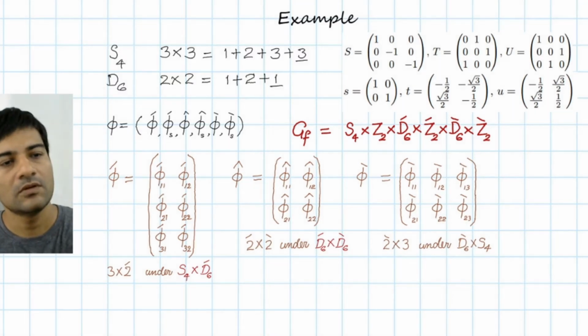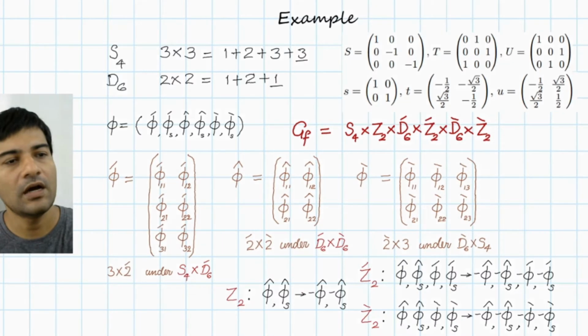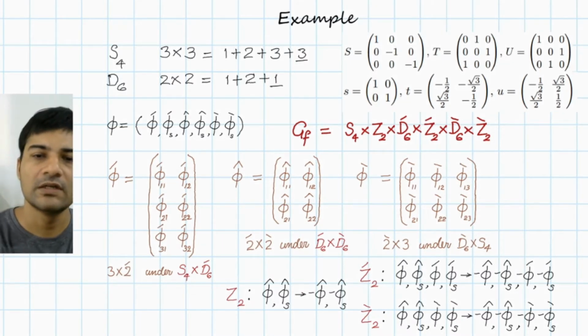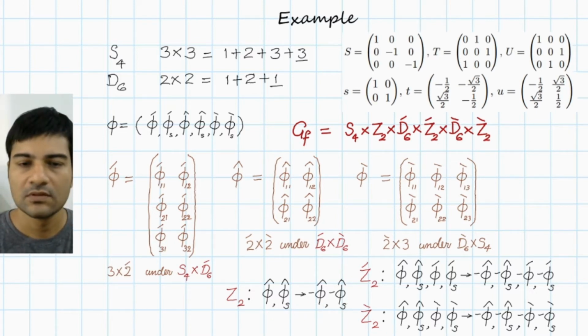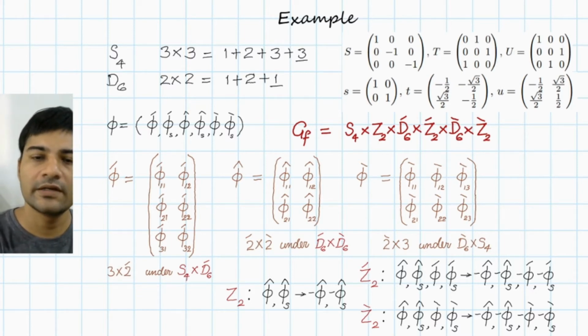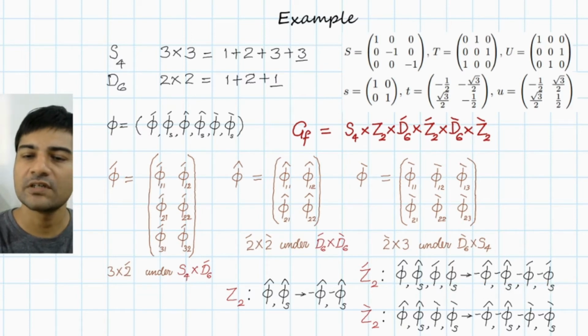Now, let's see how these fields transform under the Z2 groups. So under the first Z2 group, hat phi and hat phi S change sign. Others are invariant. And under acute Z2, hat phi S and acute phi S change sign.